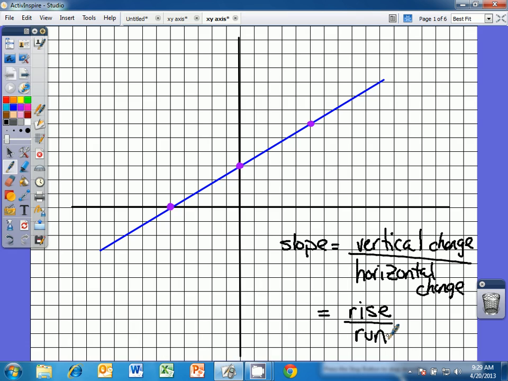So on a graph like this one, if I see the line passing through particular points, for example here the coordinates of this point are -5, 0, and the coordinates of this point are 0, 3.